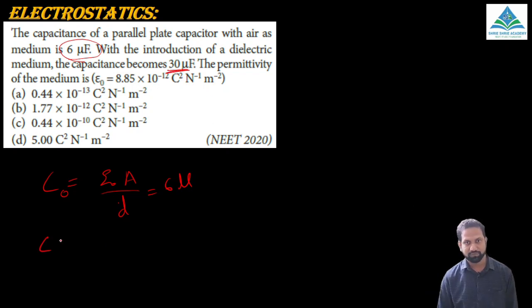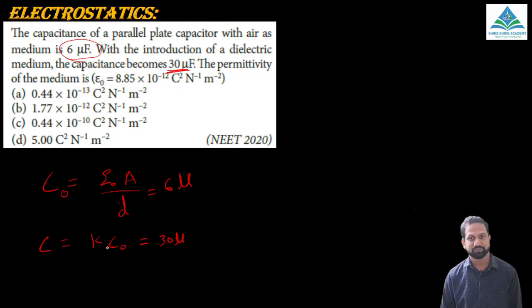So C, the capacitance with the dielectric medium, is K times C naught. What is K here? The dielectric constant. K times C naught is 30 microfarad, and C naught is 6, so K equals 30 by 6, which is 5.